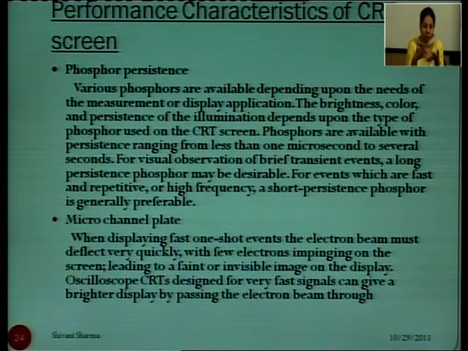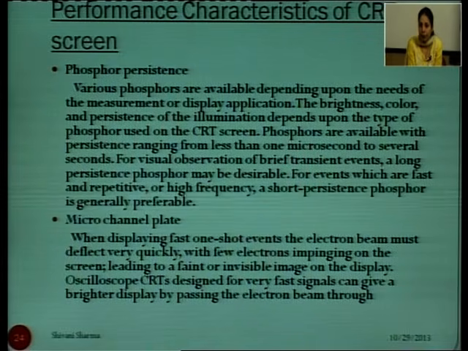Then there are certain terms related to CRT displays, that is, phosphorus persistence. Where we need to measure or display an application, the brightness, color and persistence of the illumination depend on the phosphorus used in the CRT screen.